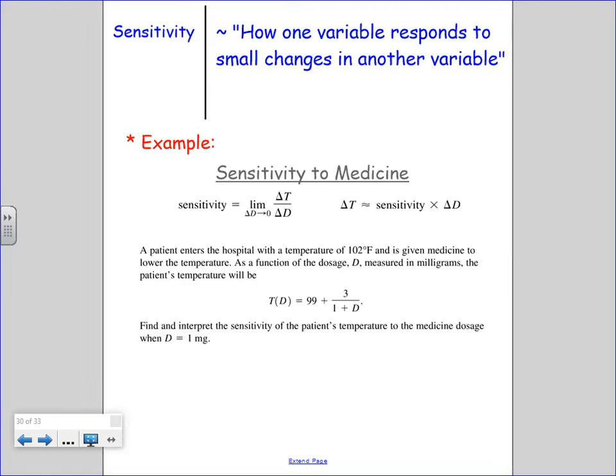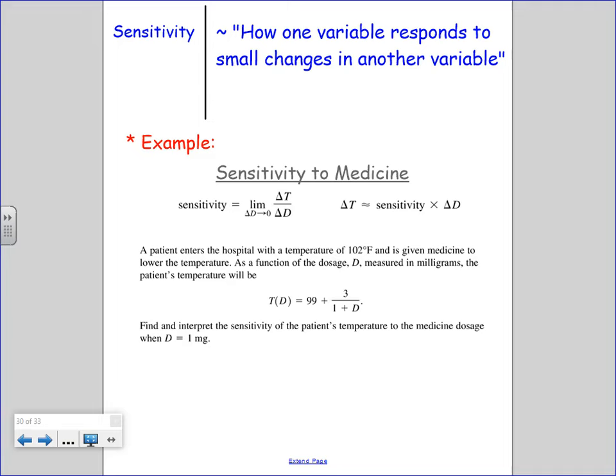Basically it's talking about, with a slight change in one variable, how is another affected? They gave examples as far as rain and crops, in the sense of depending on how much rain the crop has already gotten.